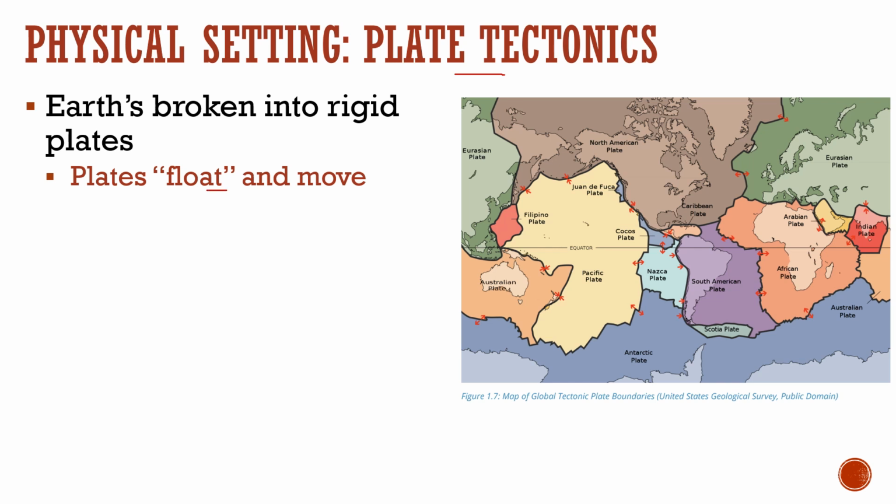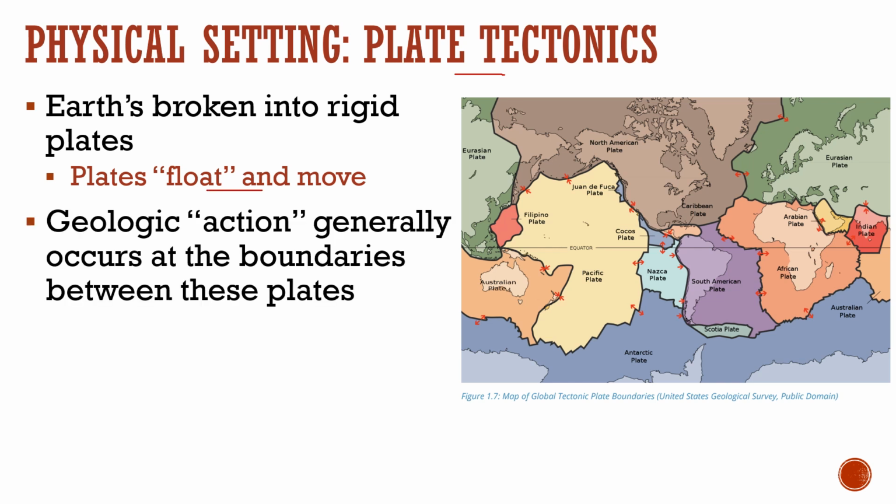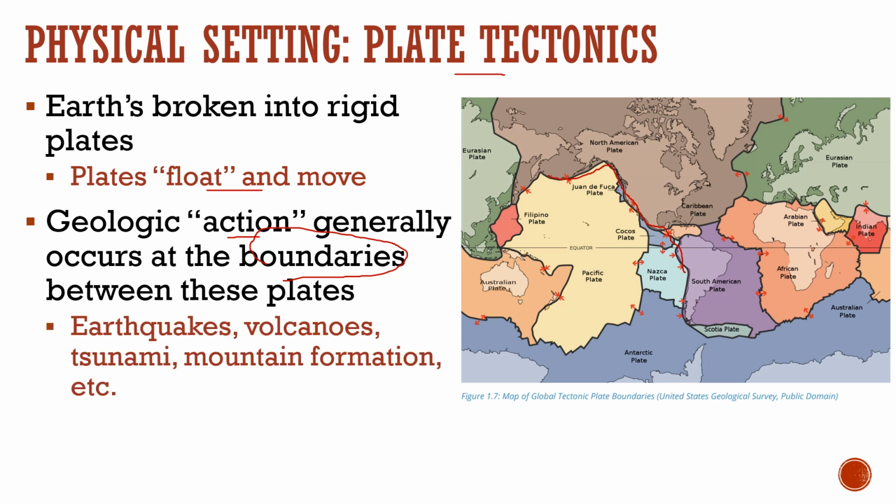So those plates float or move. Lots of geological action occurs at the boundaries, and that's what these black lines here are showing. Where these plates come together, this is typically where you're going to see a lot of activity, like earthquakes, hurricanes, that type of thing. Also mountains forming. That's where things are really active.